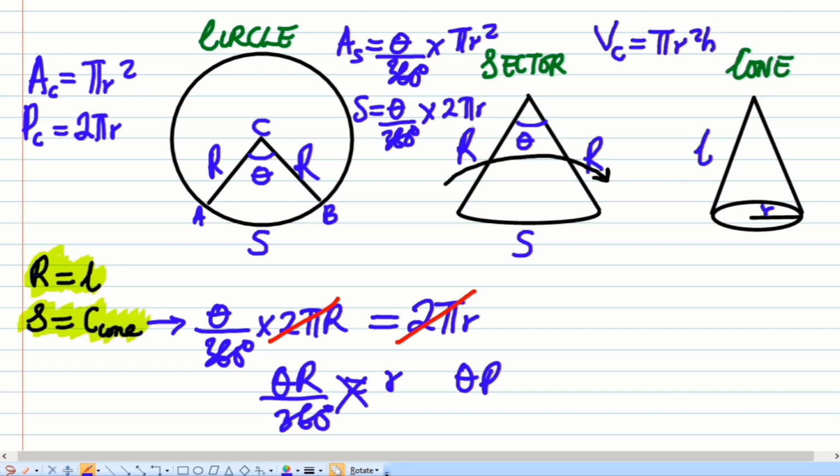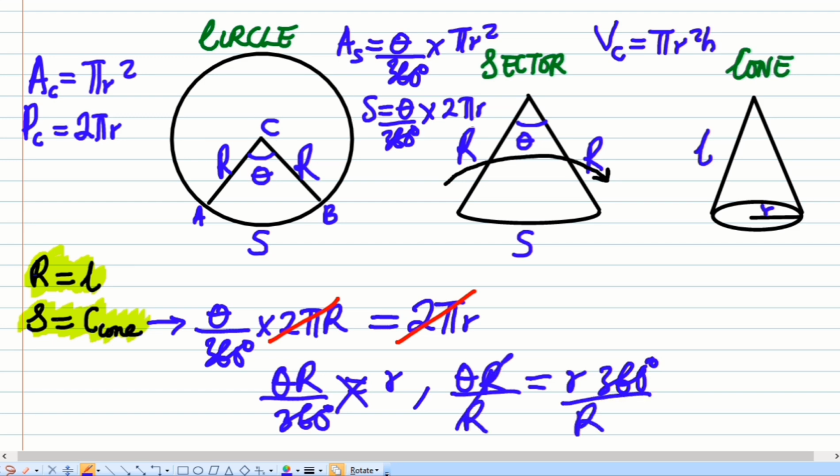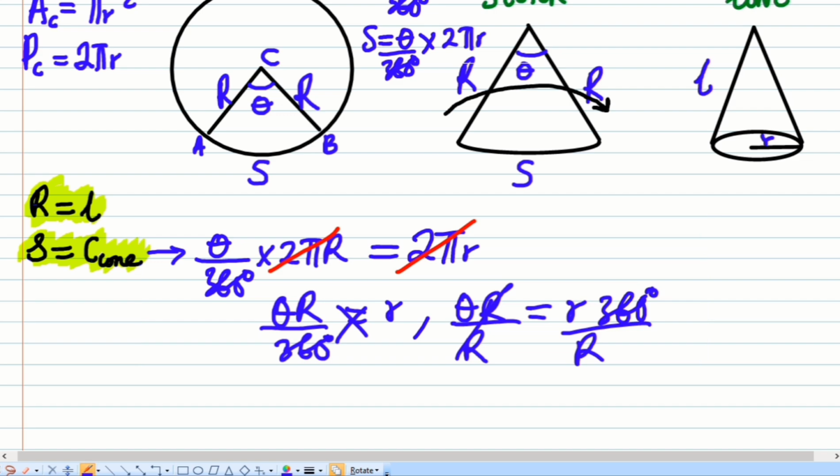Let me cross multiply. I'm going to have theta times R is equal to r times 360 degrees. Then we divide both sides by R. What are we going to have? We're going to have that theta is equal to r over capital R times 360 degrees.